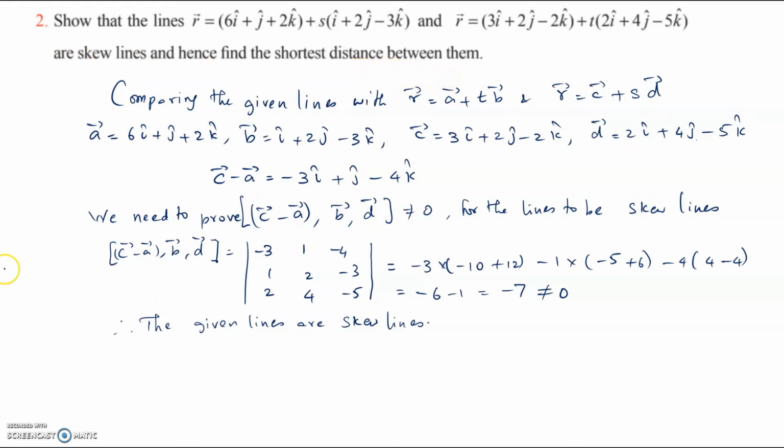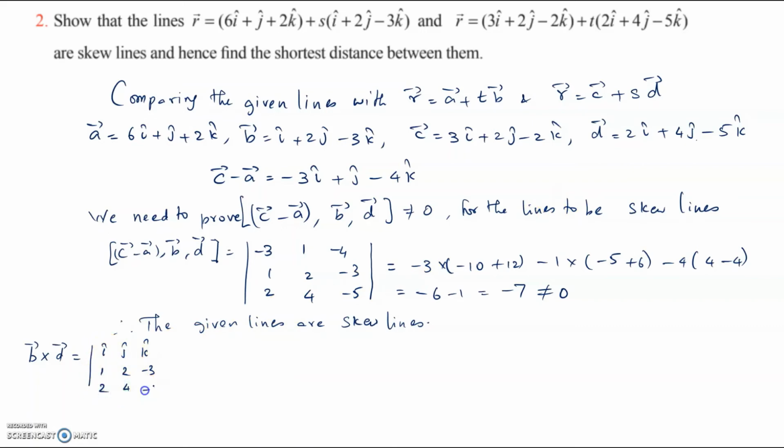So to find the shortest distance, we need to find vector B cross product with vector D, which is given by the determinant i cap, j cap, k cap, and the coefficients of i, j, k of vector B are 1, 2 and minus 3, and vector D is 2, 4 and minus 5.